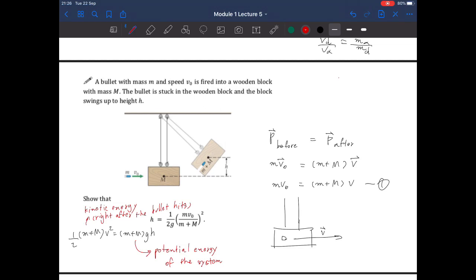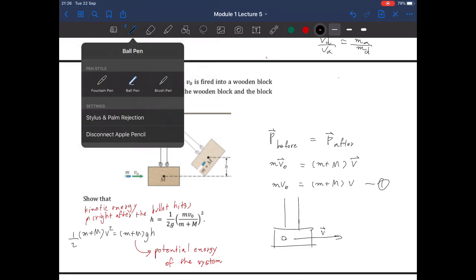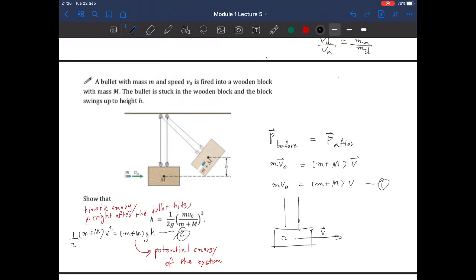And we will say that this is equation 2. So solving these two equations, you get this answer. Okay, I'll let you try that by yourself.